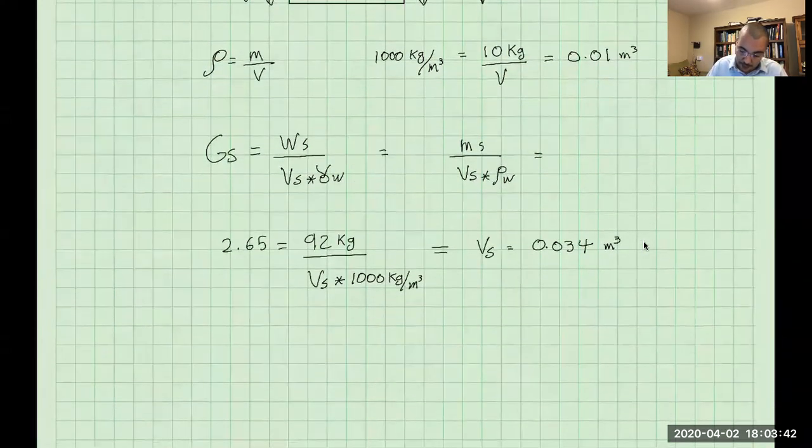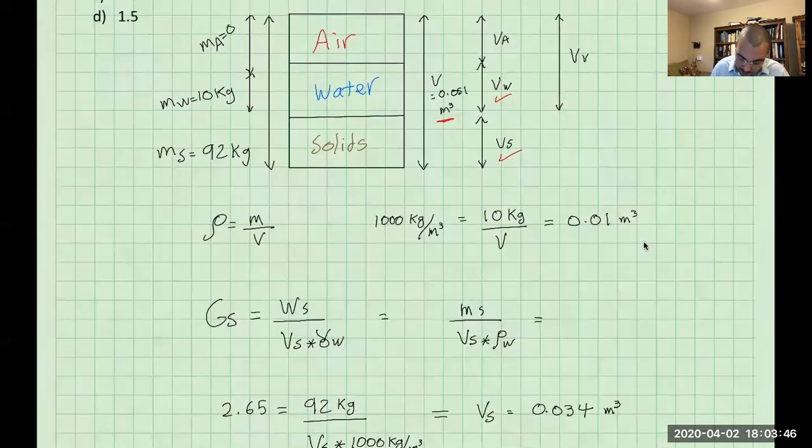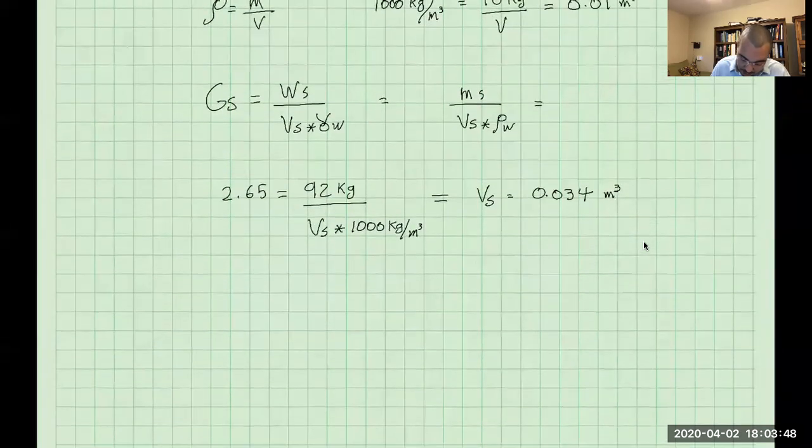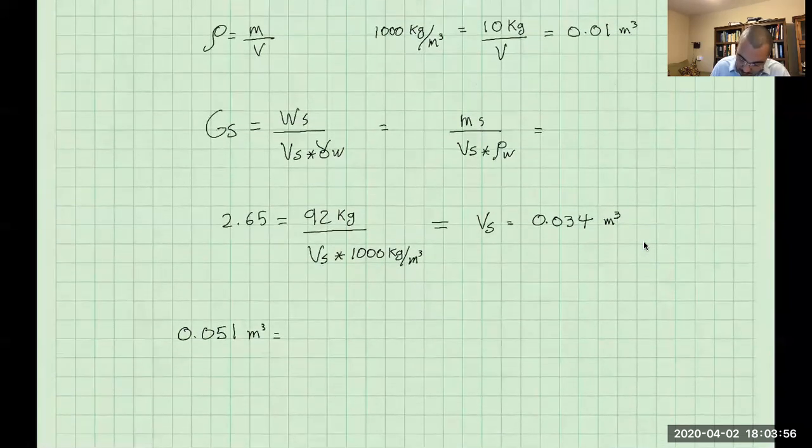So let's do that right here. We have the total volume, which is 0.051, and that is equal to the volume of solids we just calculated, plus the volume of water, which we also calculated, and the volume of what? Of air.